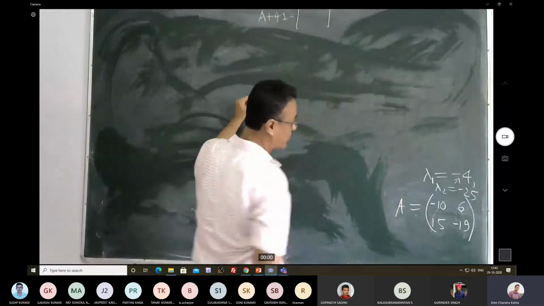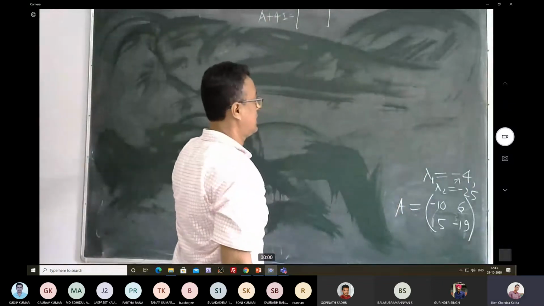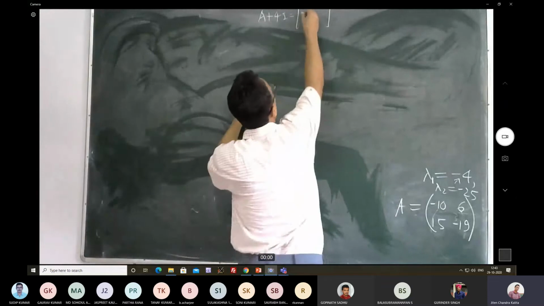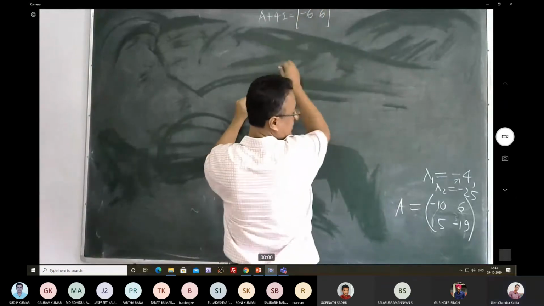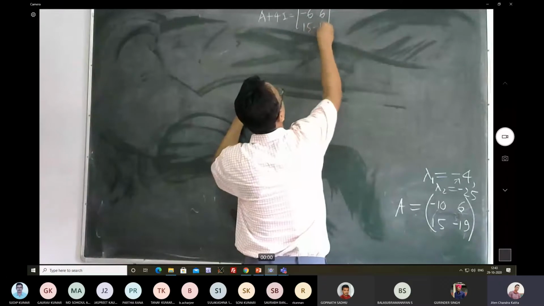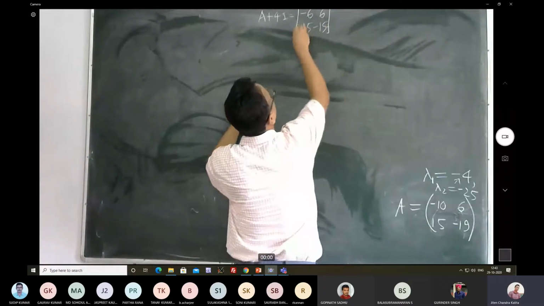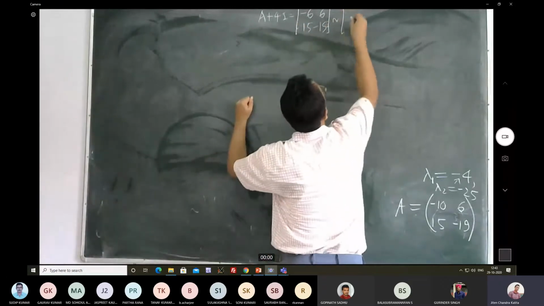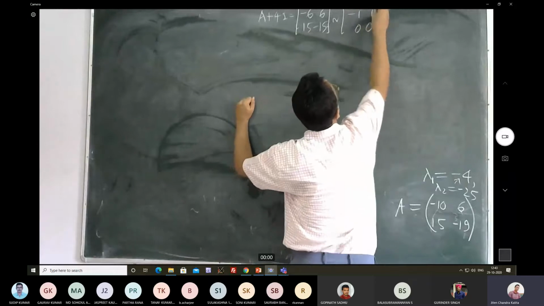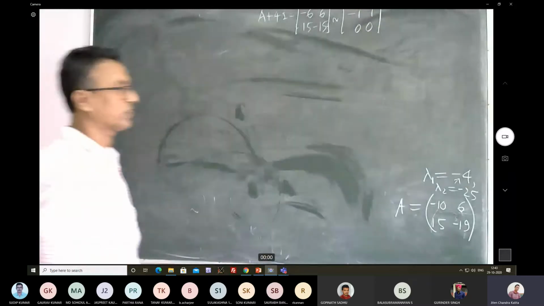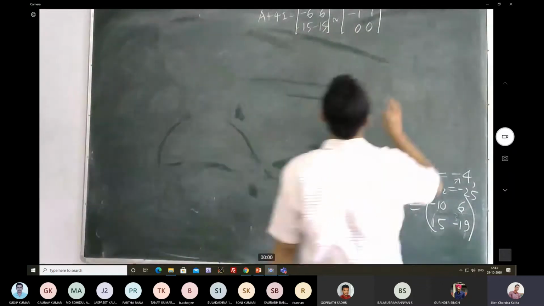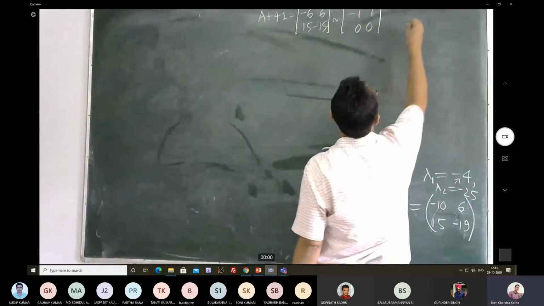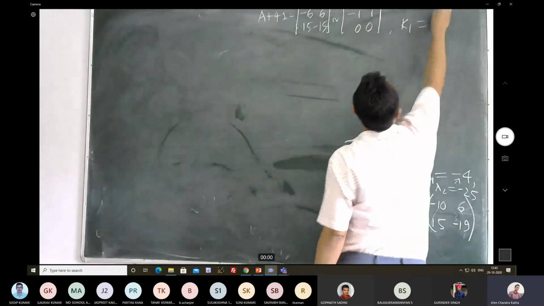So this is going to be -10 plus 4, -6, 6, 15, again -15, right? Okay, and you know that this is equivalent to [-1, 1; 0, 0]. Fine. So your K1 is very easy. Fine.